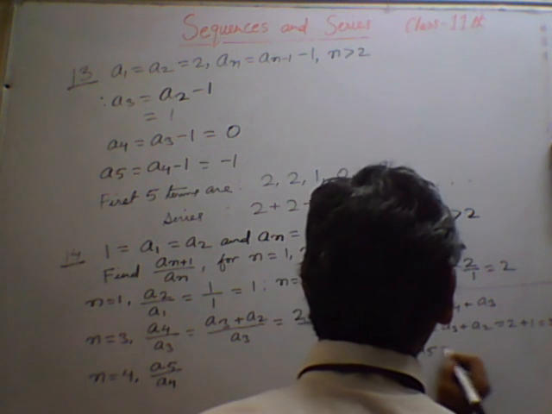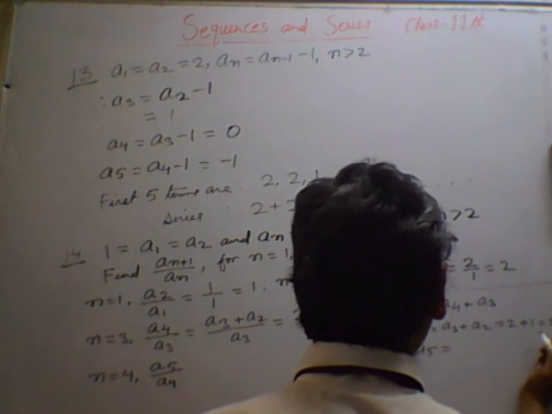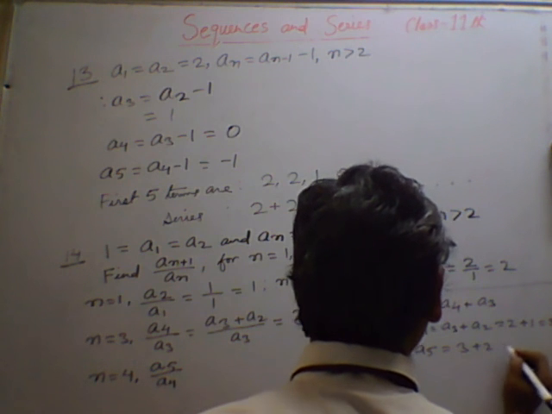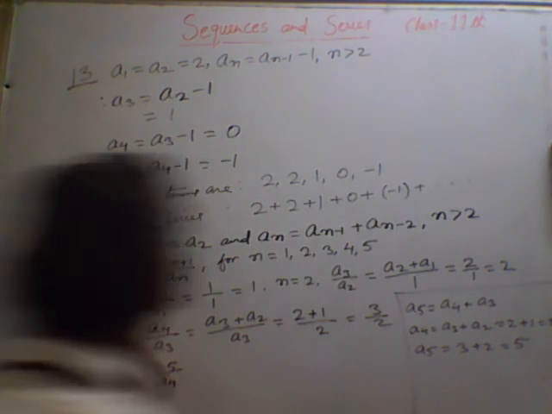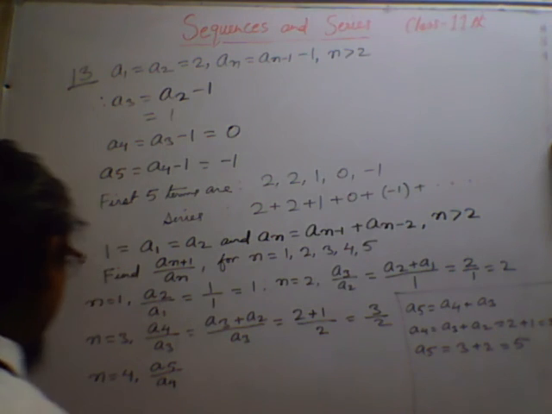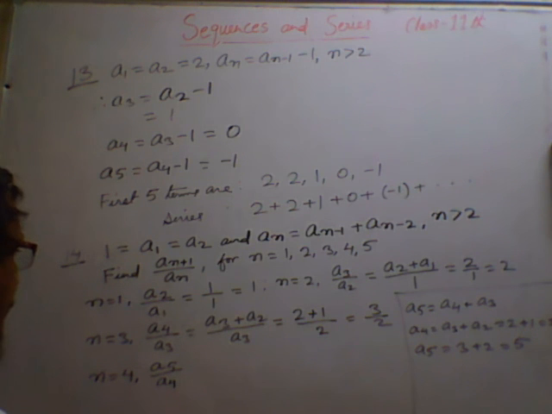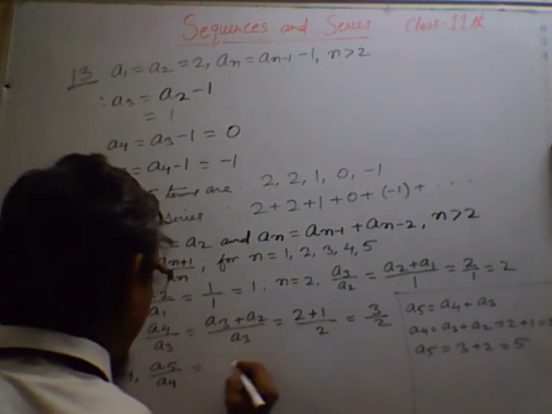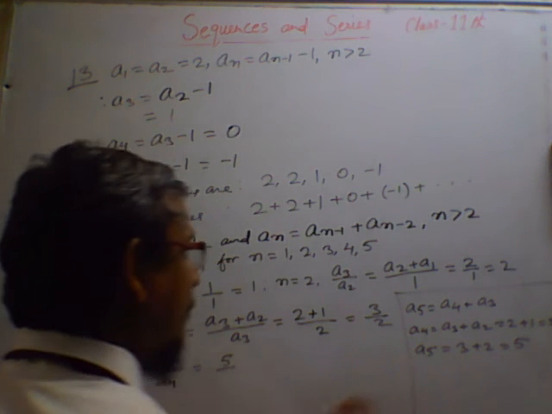Therefore A5 equals 3 plus 2. A5 is equal to 5 and A4 equals 3.